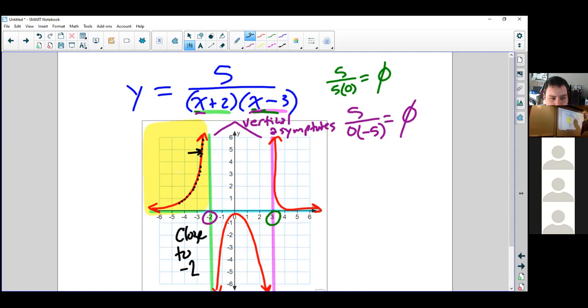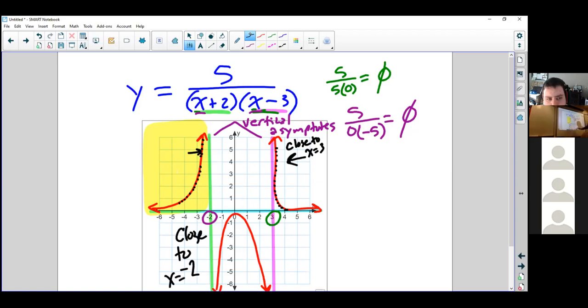I approach it. I don't get to it. Okay? That's the same thing over here. If I'm going this way in the x direction, I'm going up this graph, so I'm getting closer and closer and closer to +3. So I guess it would be x equals 3 and x equals -2.